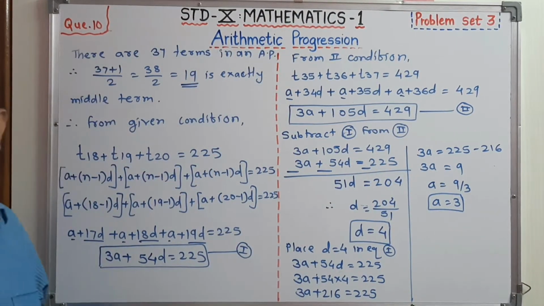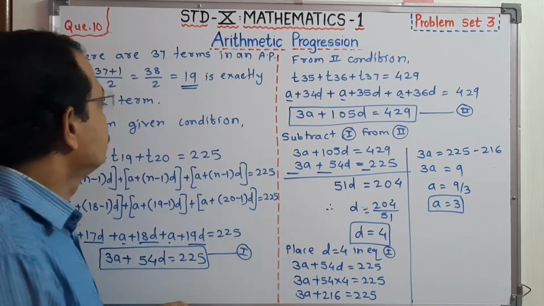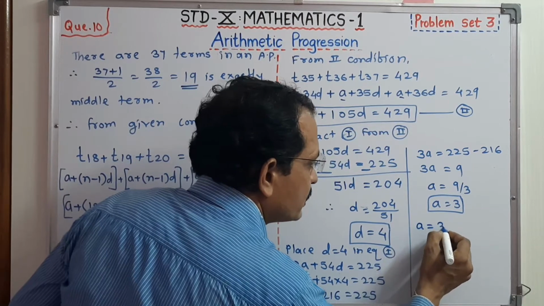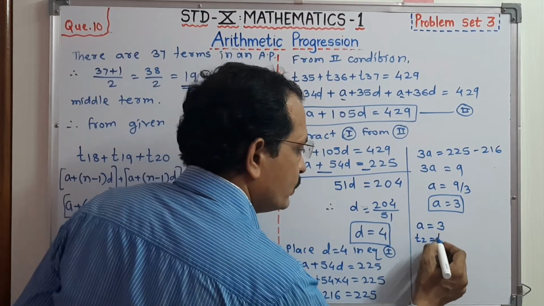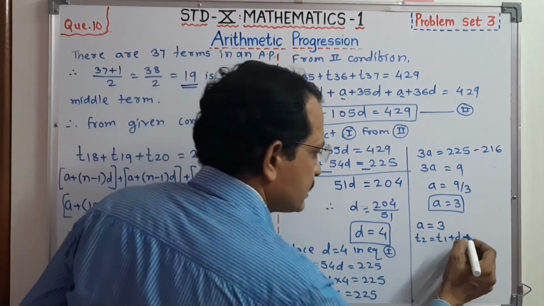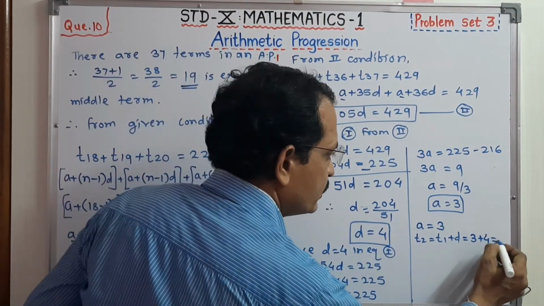Now we have to find out an AP. For that purpose, first term a is equal to 3, T2 is equal to T1 plus d, that is 3 plus 4, is equal to 7.